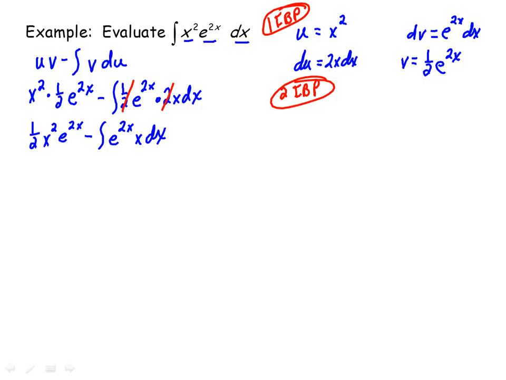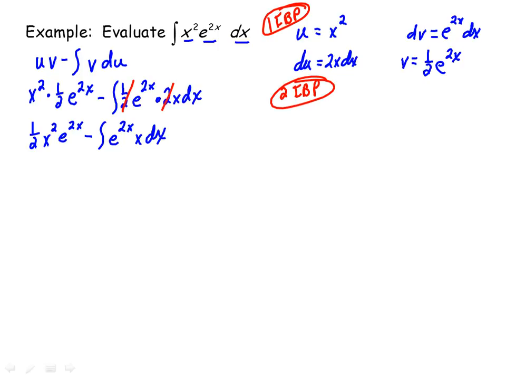If I was going to integrate x e to the 2x, you would let u be 2x. And when you take the derivative of 2x, what do you get? 2. But what do I need? Do you see what I'm saying? If I have e to the 2x x dx, and I let u be my argument of 2x, then du is going to be 2 dx.